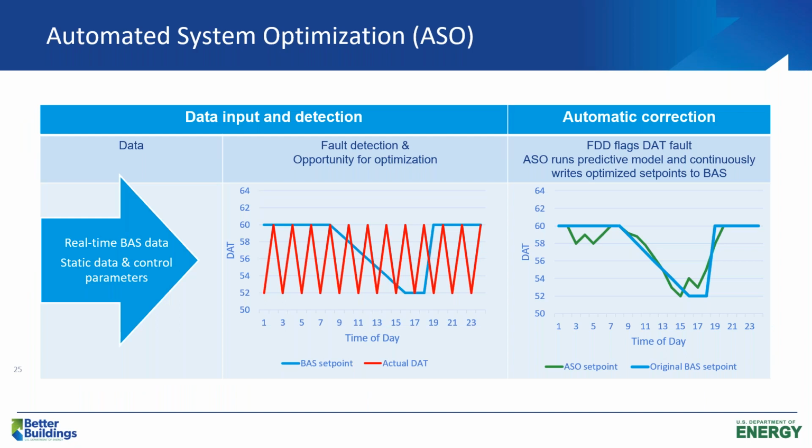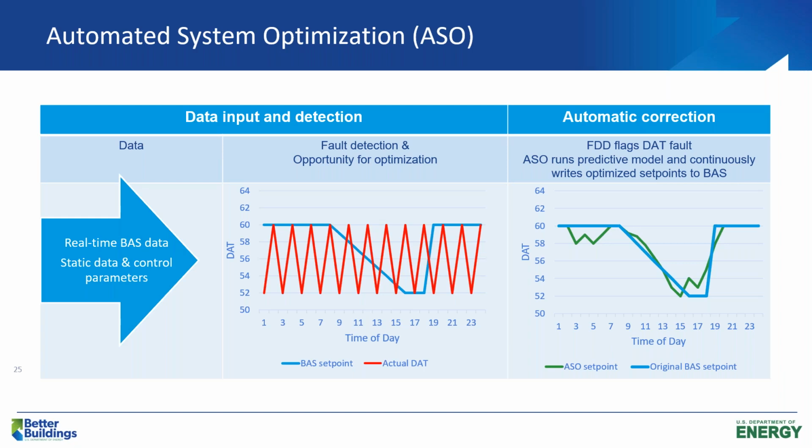So we have the same data input, real-time BAS data. We have information about the system and how it's intended to be controlled. In this fault detection piece, let's say our actual discharge air temperature at our supply fan is going up and down. That's sort of an indicator of a fault.